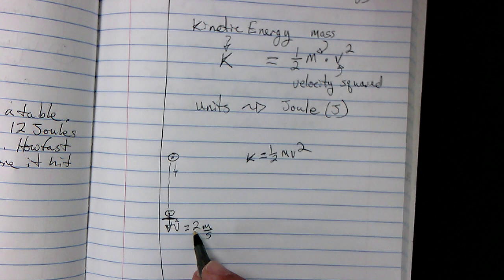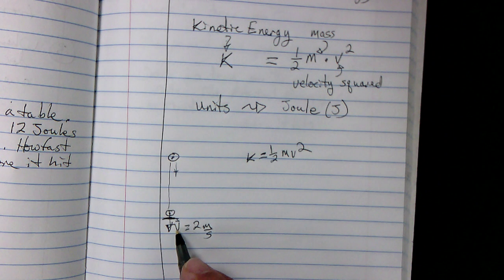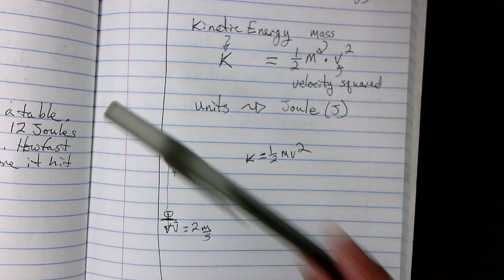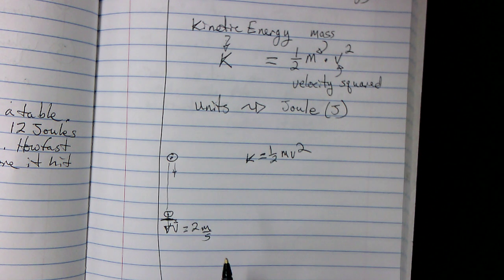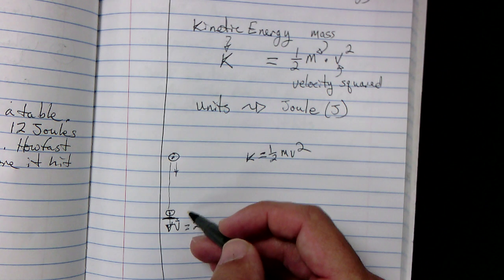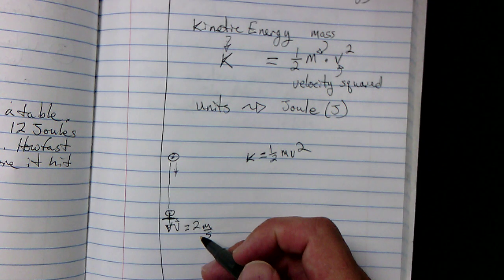So for example, let's say it reached 2 meters per second. It's going to have its maximum kinetic energy at the bottom of its fall. Now once it hits the ground, it's going to lose all of its kinetic energy, and the energy is going to turn into thermal energy, but we'll get into that later. But just before it hits the ground, it's moving at its fastest, has its maximum kinetic energy.